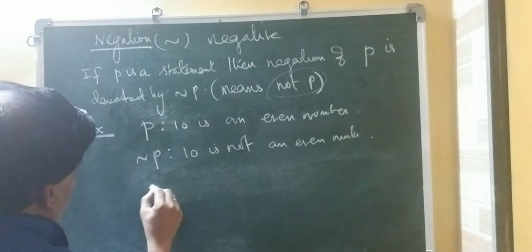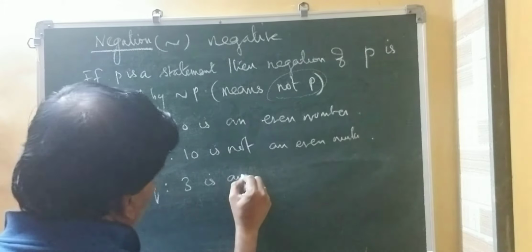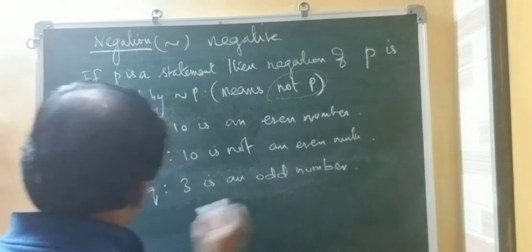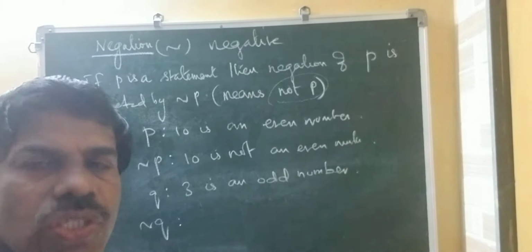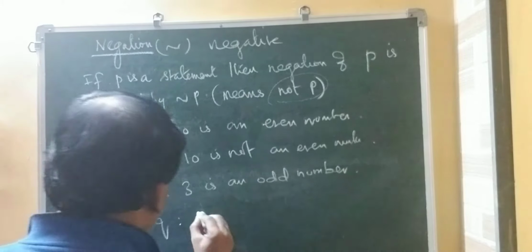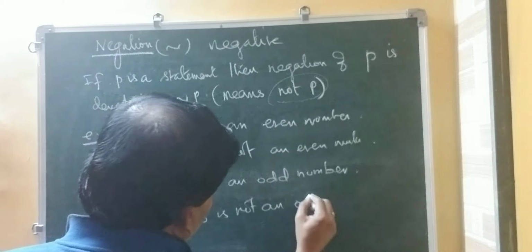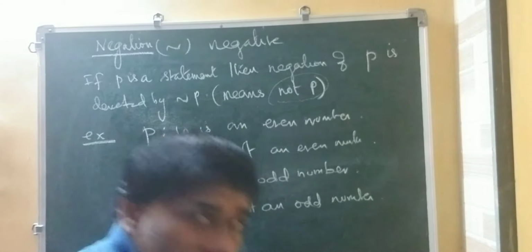Number 2, statement Q: 3 is an odd number. So what is the negation of Q? Tell me. 3 is not an odd number. That's all.